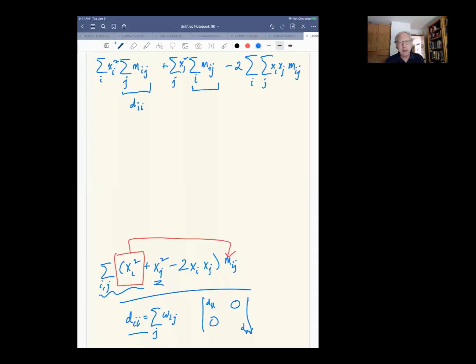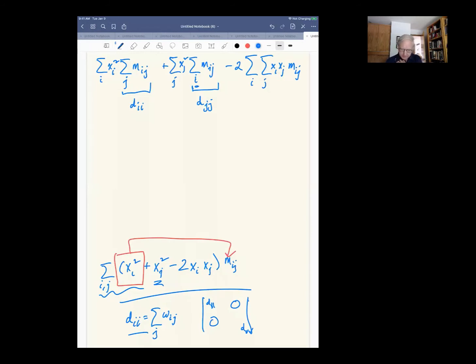I explained it was a matrix so that I could justify calling it DII instead of just DI, but since we're about to turn this into a matrix, I'll just use the matrix algebra for now. And in the second, it's DJJ, and the I is here. In this case, the I just serves as a kind of local dummy variable.